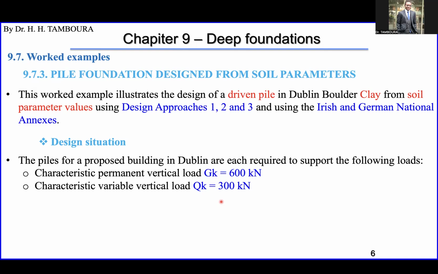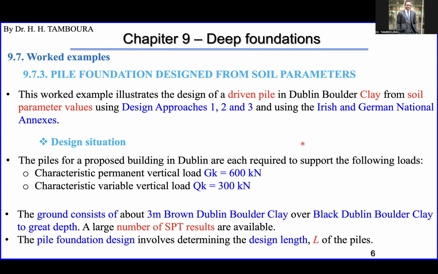But unfortunately here we will have some national annexes, the Irish one and the German one, mainly Irish. As you know, in Eurocode, the national annex also matters. That's the first generation of Eurocode. The second generation also, it matters, but maybe not that much.